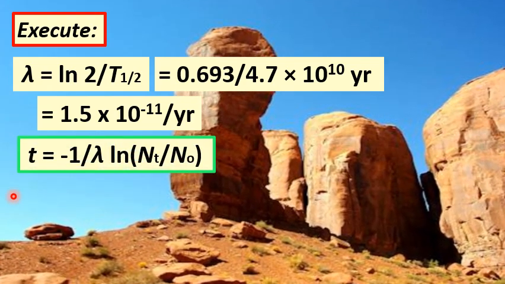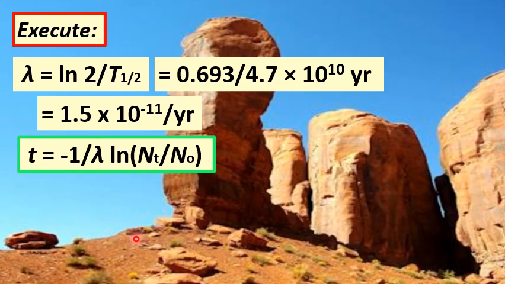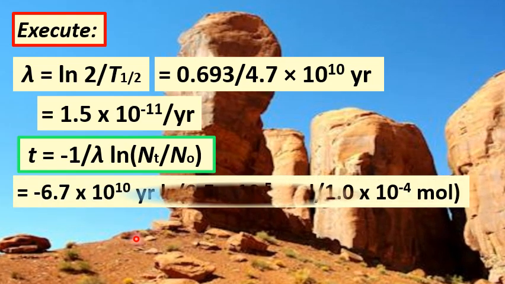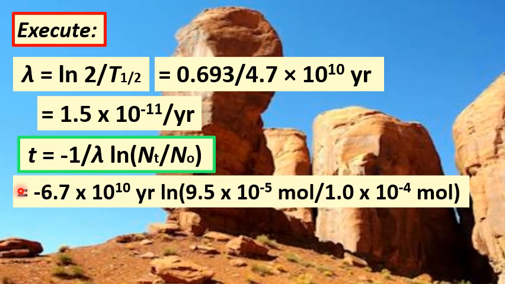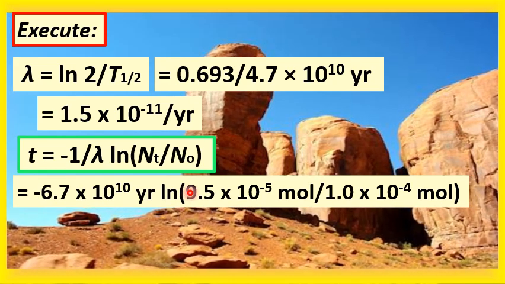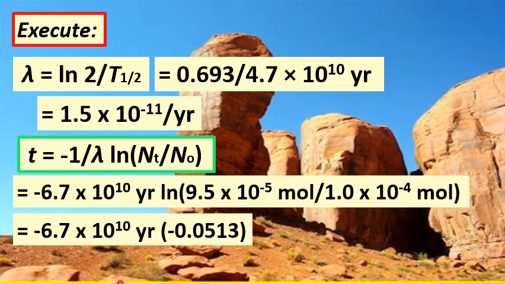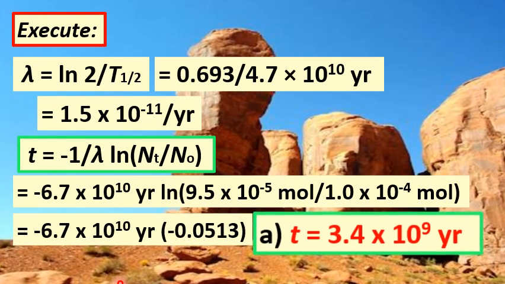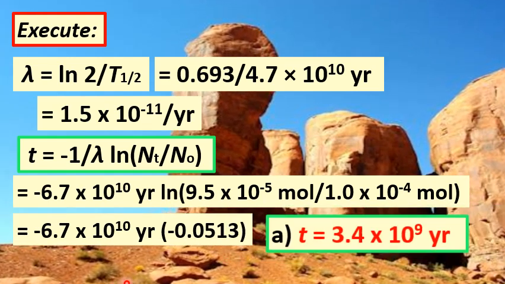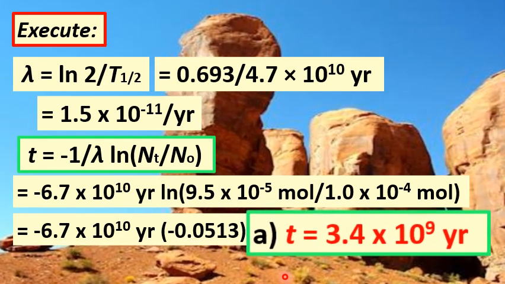And lastly, computing for the time small t using this formula, after substituting and doing our math, we get this value, t equals 3.4 times 10 to the 9th power year.